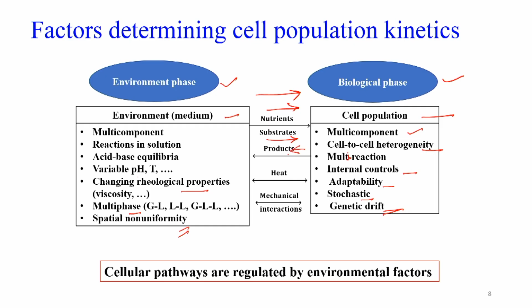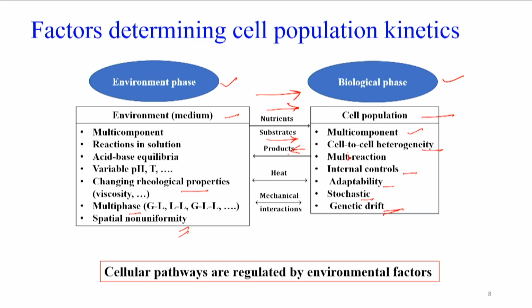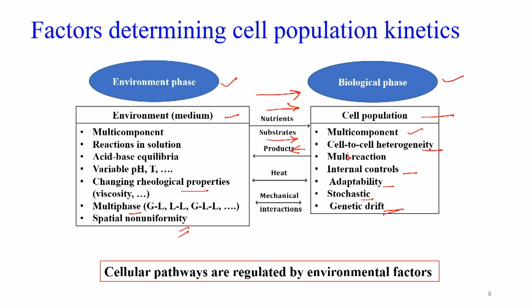Similarly, the cells generate heat because of their metabolic energetics, and because of this heat there is an increase in the media temperature. So, media temperature is increasing, and this temperature again affects the population of your cell growth. So, again this is a two-way process.